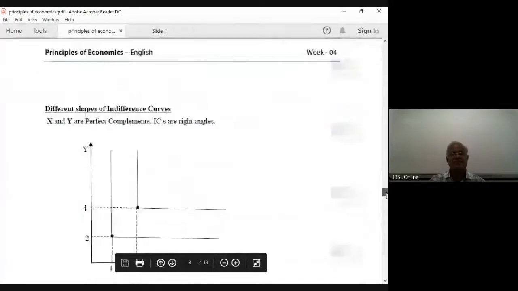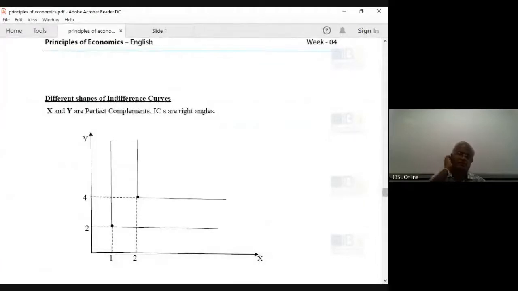Then we'll discuss the perfect complements: right shoe, left shoe, right glove, left glove. Or you can say tea and sugar: 1 cup, 2 sugar; 2 cups, 4 sugar; 3 cups, 6 sugar. Like that, he always consumes in some fixed proportions.